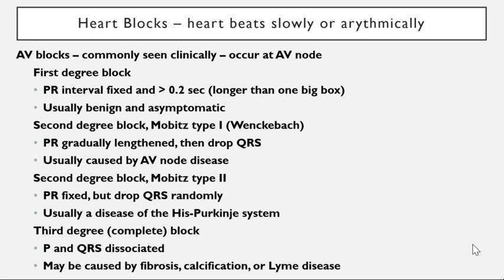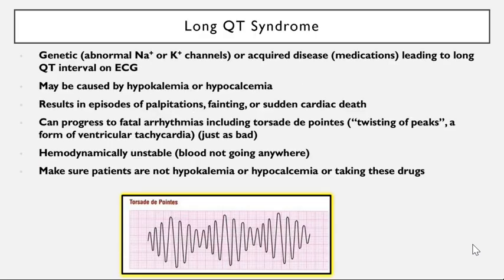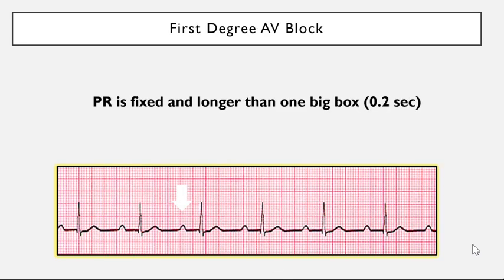If you have a first degree block, these are typically benign and can even be asymptomatic. All that it is, is where you have that PR longer than 1 box long. Typically, that's only going to be 1 box long. So if it's 2 or 3, that's what you want to be looking for with these first degree AV blocks.